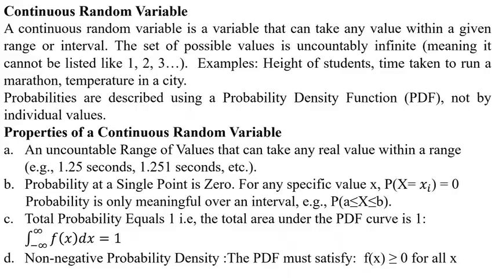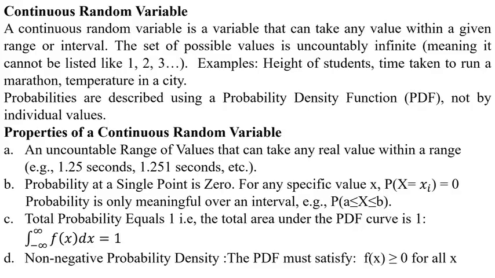Now, we've discussed the discrete random variable. Let's go to the continuous random variable. What is a continuous random variable? A continuous random variable is a variable that can take any value within a given range or interval. Discrete values are countable, like the number of cars sold in a day or the number of Coke sold in a year.